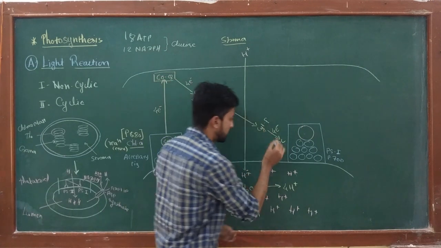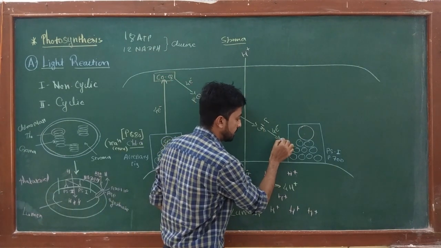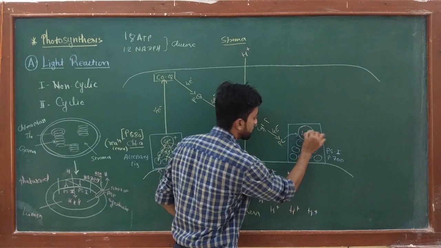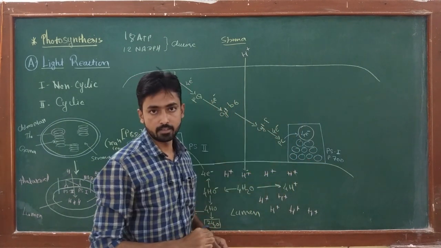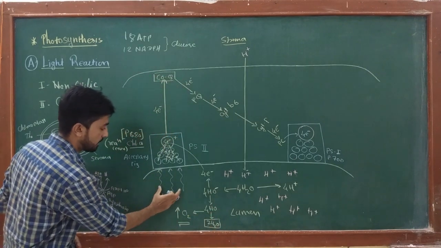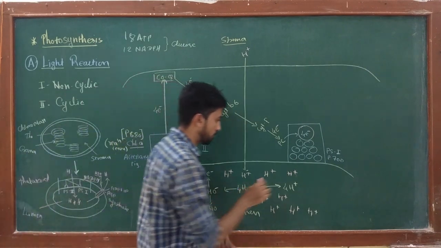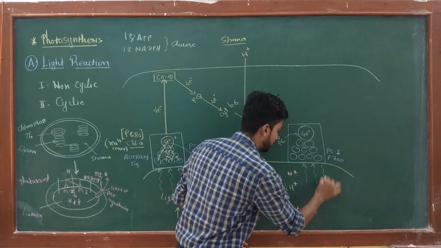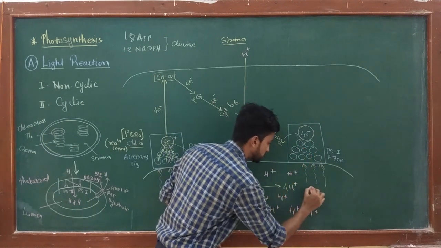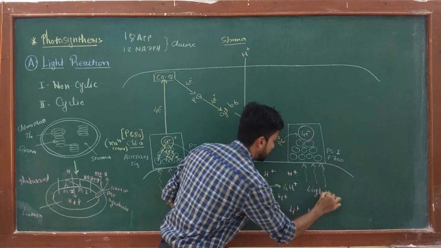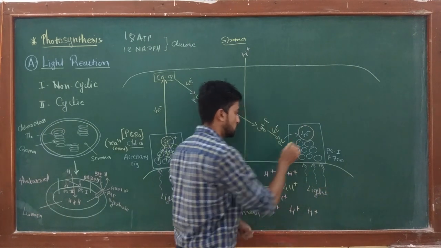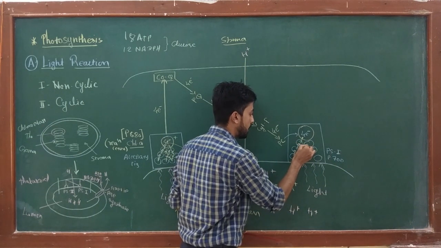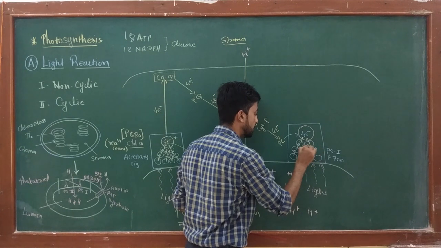Okay, now the de-energized electron is transferred by plastocyanin to the photosystem 1 reaction center, and the same thing happens again. Light of a different wavelength is absorbed by accessory pigments, and then the light energy is transferred, or funneled, towards the reaction center by the accessory pigments.